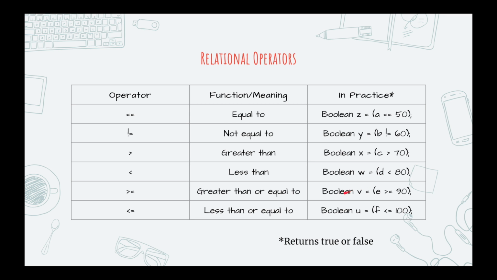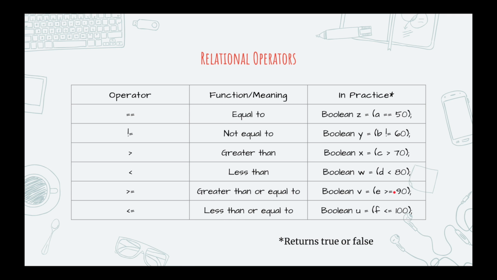All right. Then we go on to greater than or equal to. So let's say E is equal to 95. 95 is greater than or equal to 90 because 95 is greater than 90. It crosses one of those over, so therefore it is true in that case.